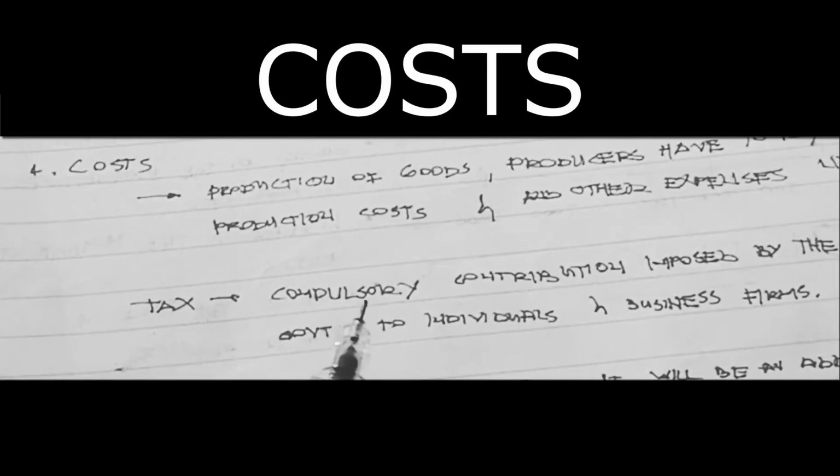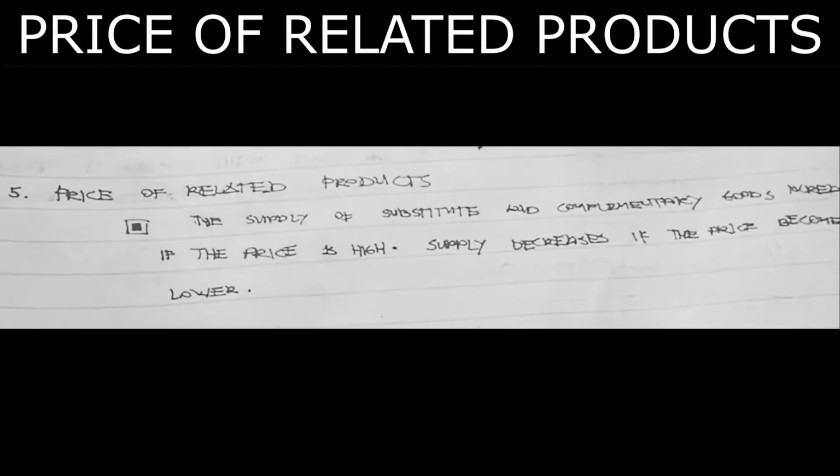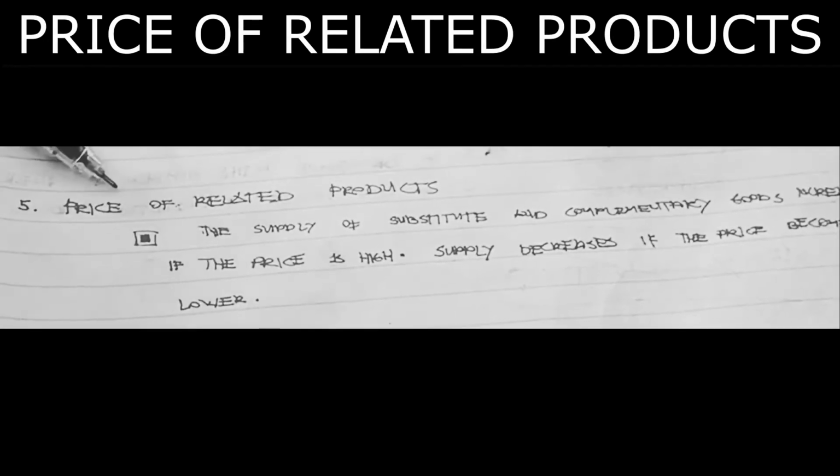So if the production cost is high, producers and businessmen lower their production, which will cause a decrease in the availability of the supply in the market. So that's it, cost. Next, price of related products.